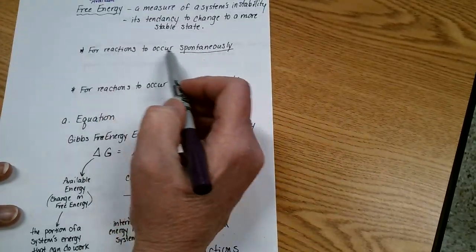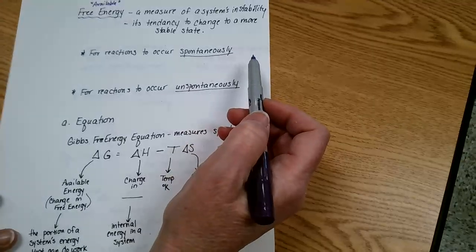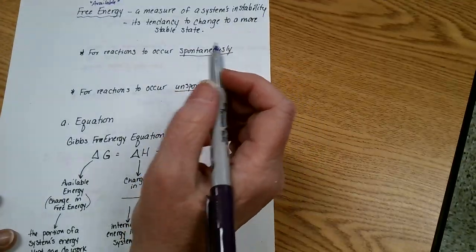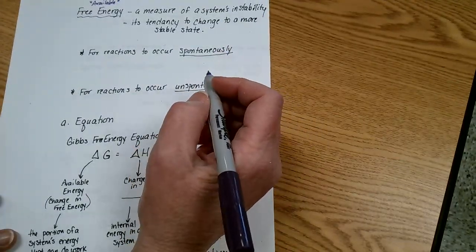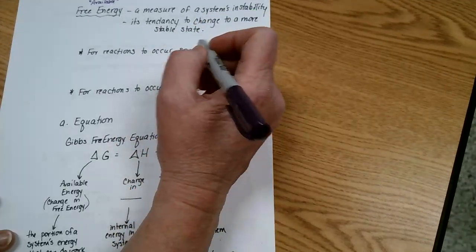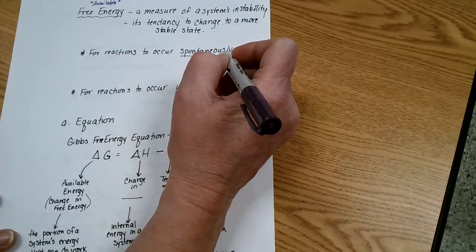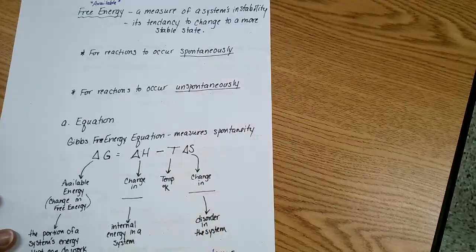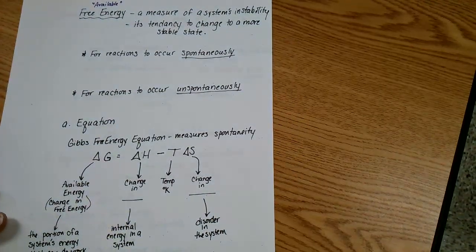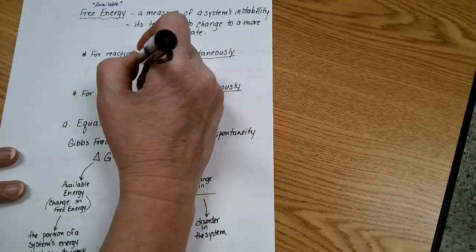So for a reaction to occur spontaneously, what do we need to know about this? Well, two things. And I'm not talking about, everybody always thinks of spontaneous combustion, like you're sitting there and then boom, you're going to explode. Spontaneous, what does it mean? If a reaction can occur spontaneously, that means two things.